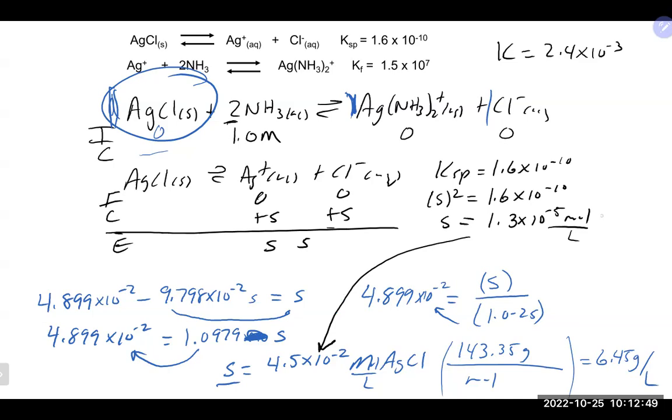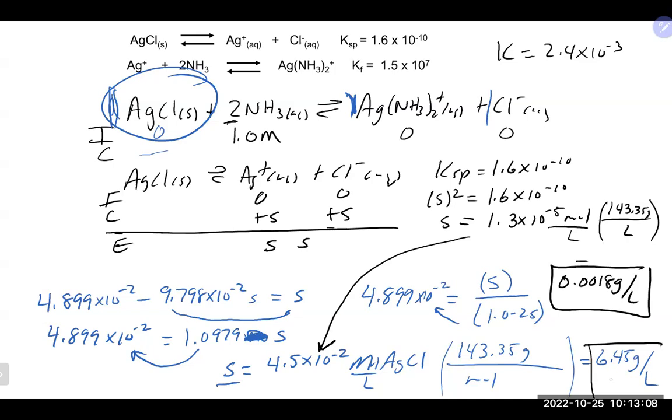And if we times this by our 143.35 grams per liter, we ended up with basically 0.0018 grams per liter. So that is the solubility of silver chloride in pure water that we did earlier, basically 0.002 grams per liter. With the ammonia, it is about 6.45 grams per liter.